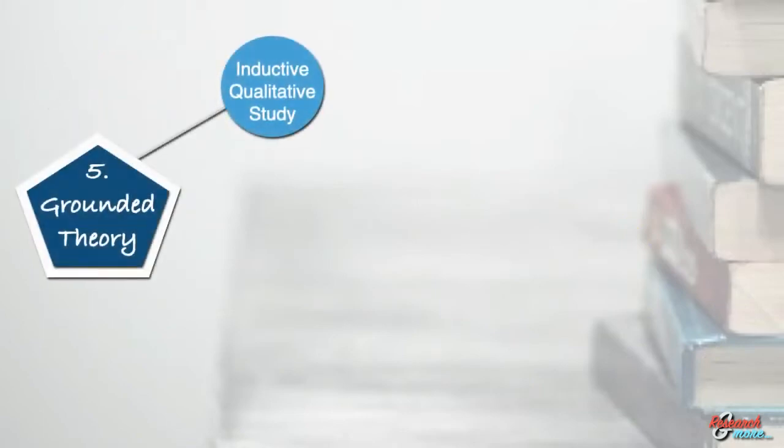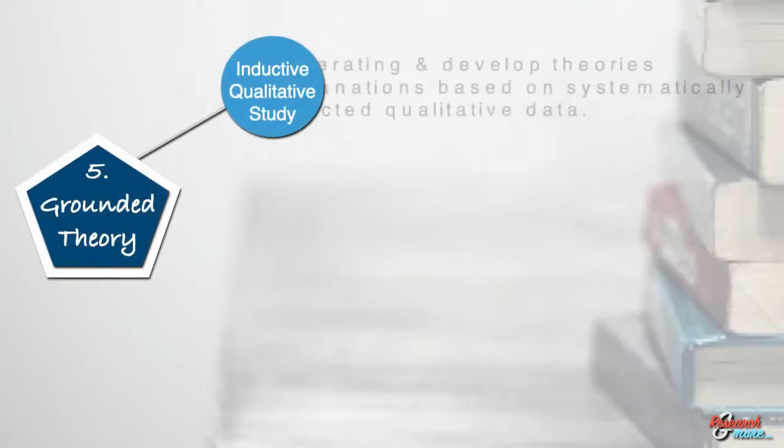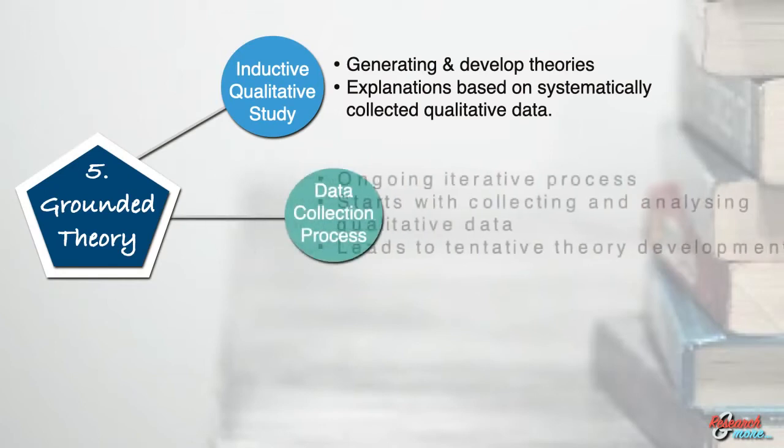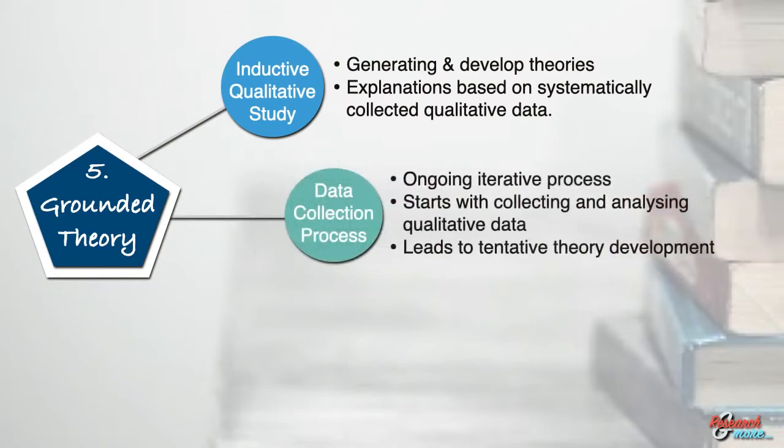Grounded theory research is an inductive qualitative research design. It is used for generating and developing theories and explanations based on systematically collected qualitative data. The data collection process is usually an ongoing iterative process that starts with collecting and analyzing qualitative data and leads to a tentative theory development.